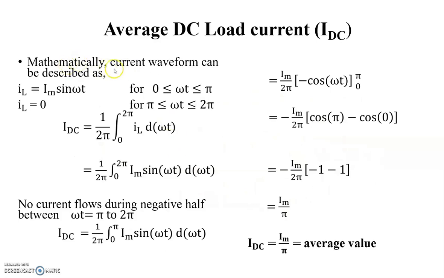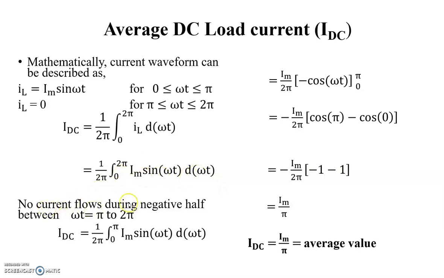So mathematically the current waveform can be described like this. IL is equal to Im sin omega t for omega t between 0 to pi, and IL is equal to 0 for omega t from pi to 2 pi. So IDC is 1 by 2 pi integral from 0 to 2 pi of IL d omega t. You know this IL value for the half-wave rectifier, so substitute Im sin omega t.